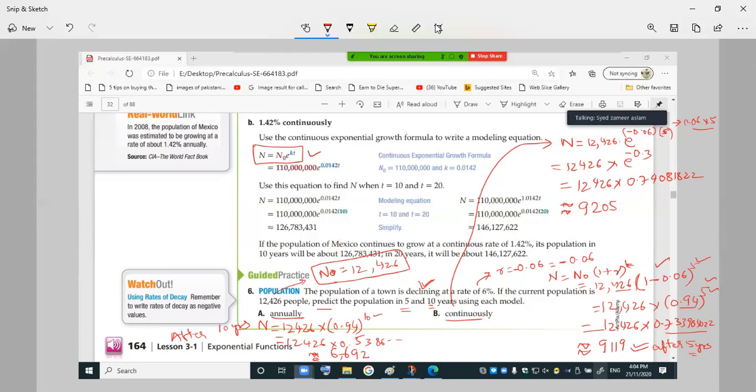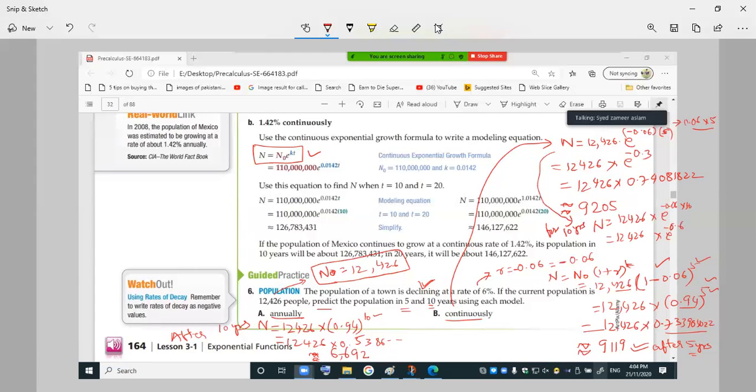When it is continuous, same thing here, we put 10 instead of 5. So for 10 years, N is equal to 12,426 into e raised to power minus 0.06 into 10. When you multiply by 10, the decimal moves, so minus 0.6.